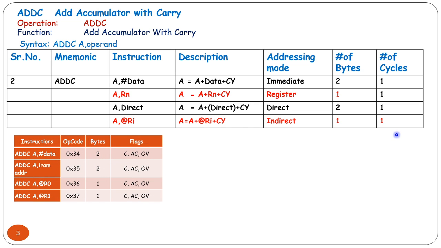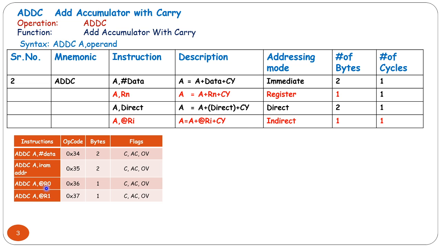So what are the operation codes of these instructions? ADDC A, #data has operation code 34. ADDC A, IRAM address has operation code 35.